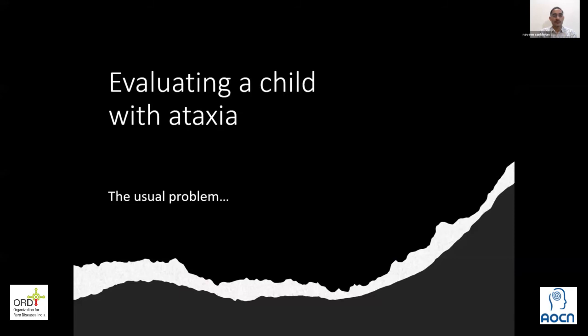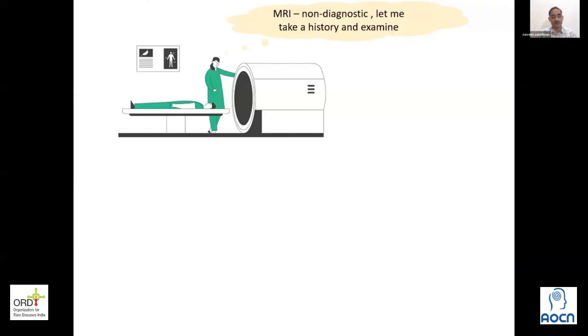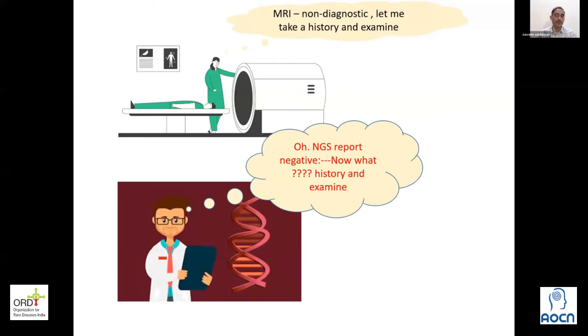So how do we evaluate a child with ataxia? The usual problem is that in a busy OPD, you subject the patient to imaging, and the problem is that you don't get a diagnosis after imaging. But the newer problem that we are facing now is that you end up doing the genetic test first. And once the genetic test is negative, you start wondering, oh, I should have taken a detailed history and examined this patient. Why has the NGS report come negative?